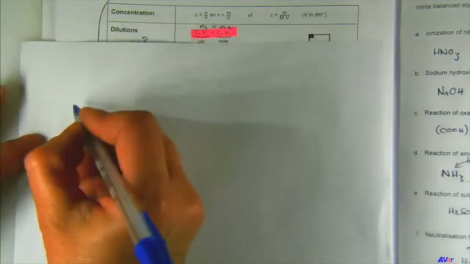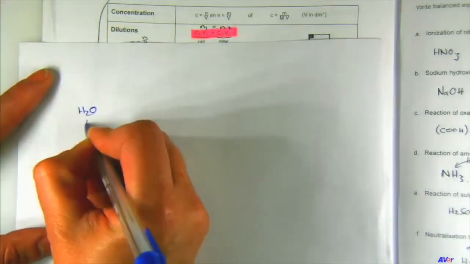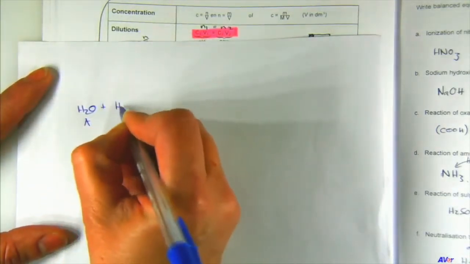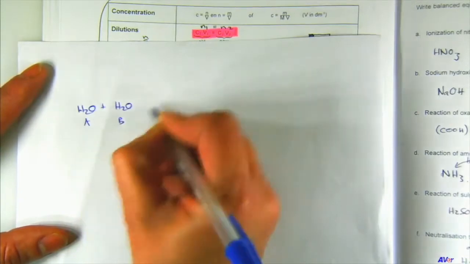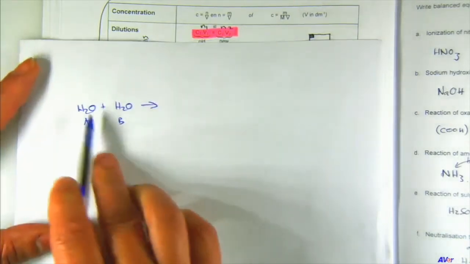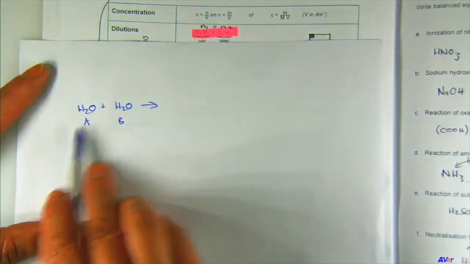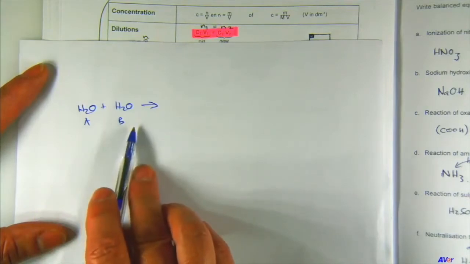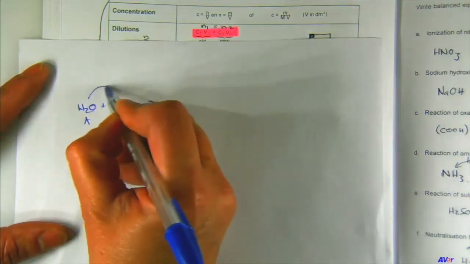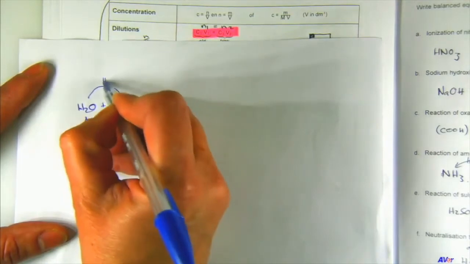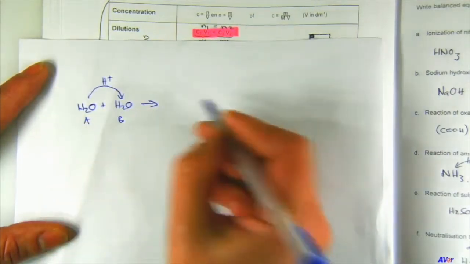Yes, something that can either react as an acid or as a base. So let's take a reaction where one molecule acts as an acid and the other one acts as a base. So the acid is a proton donor and the base is a proton acceptor. So what will happen?